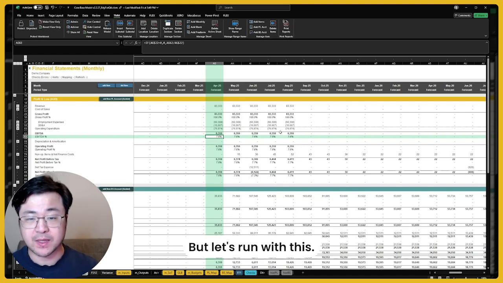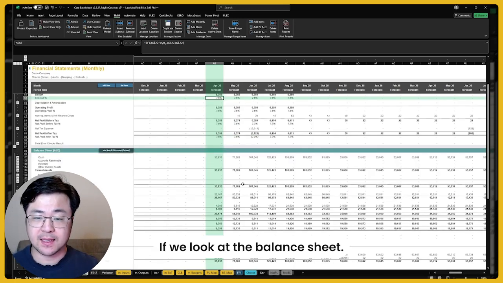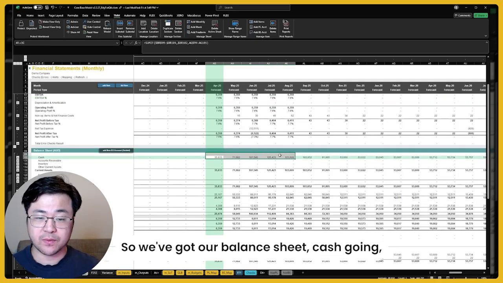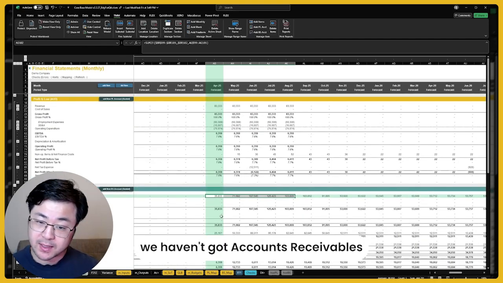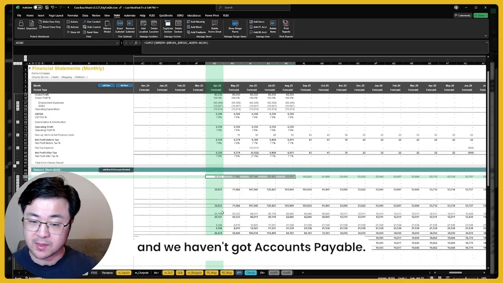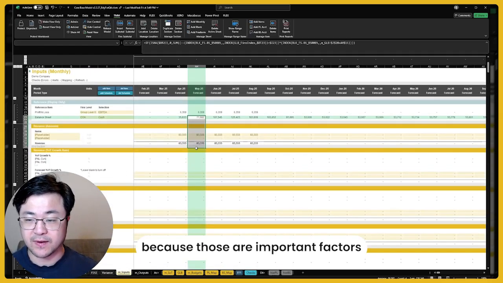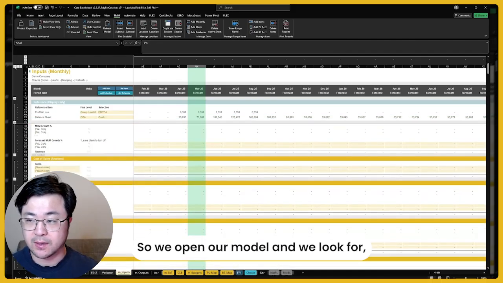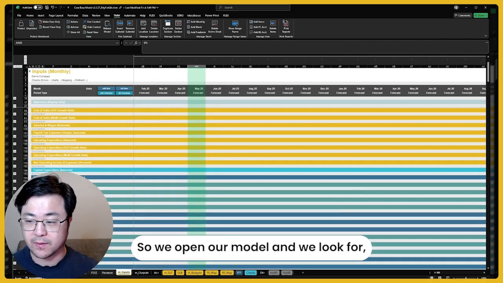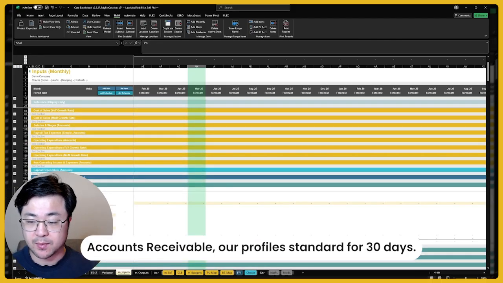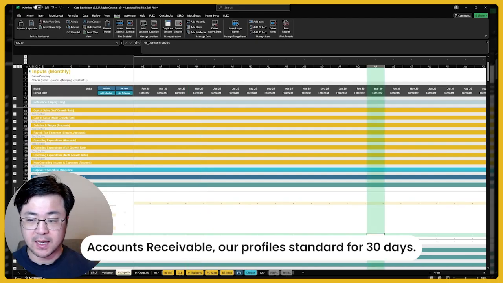But let's run with this. If we look at the balance sheet, we've got our balance sheet cash growing. We haven't got accounts receivables and we haven't got accounts payable. So let's just turn those on, because those are important factors here as well. If we open our model and we look for our accounts receivables, our profile's standard for 30 days.